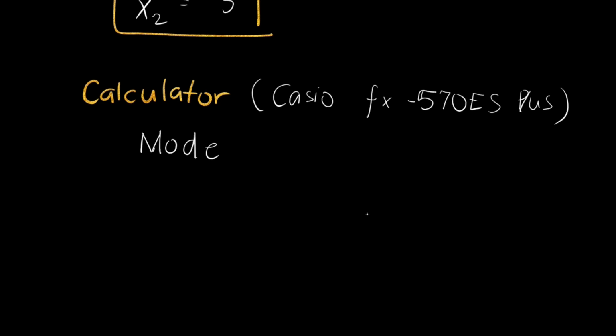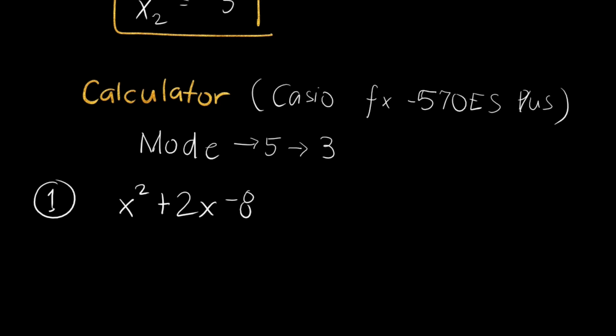Meron dyang mode. Tapos, 5. Tapos, since quadratic equation yung kukunin natin, press mo yung 3. Mode 5, 3. So, dun sa equation natin kanina, x squared plus 2x minus 8.